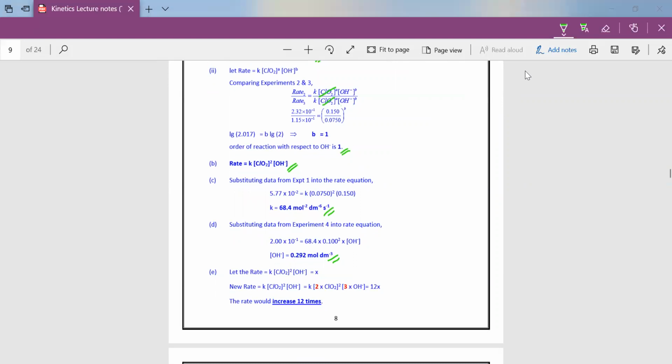According to our rate equation, we multiply the ClO2 by 2 squared and the concentration of OH minus by 3. And we end up with a 12 times increase in the rate. The presentation for this method is rather important, but you just need to know how to calculate the number of times it increases by.